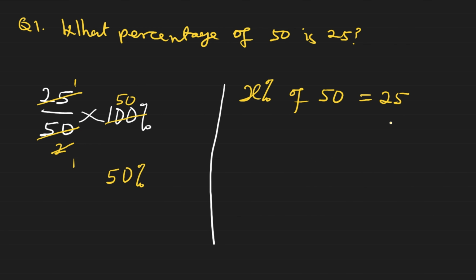What I wrote here is by converting the question, which is in English, to mathematics. What percentage of 50 is 25? What percentage of, I'm saying x percent. I don't know it. I'm using a variable called x.